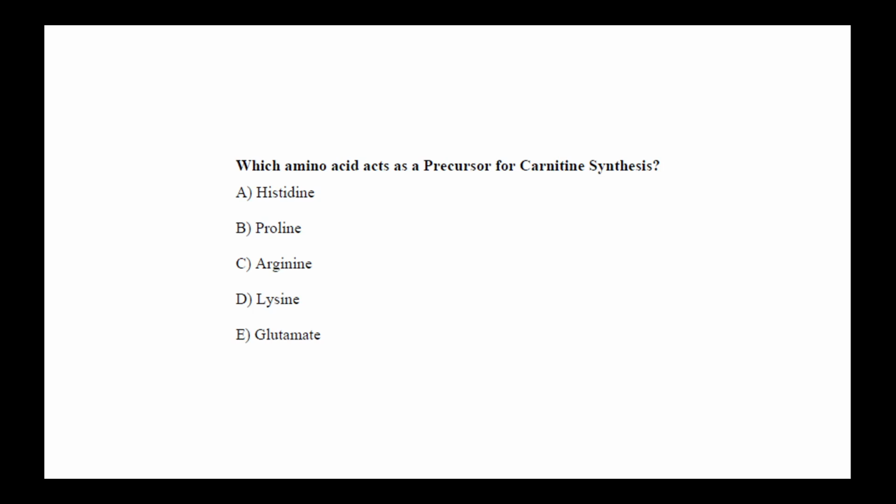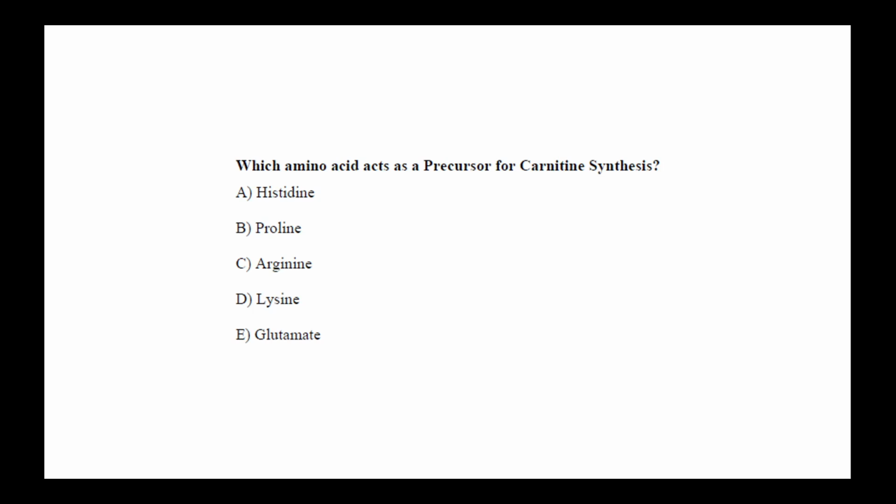Option C, arginine. Option D, lysine. Option E, glutamate.